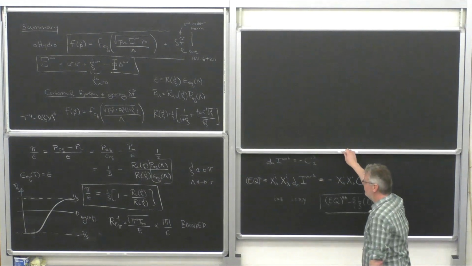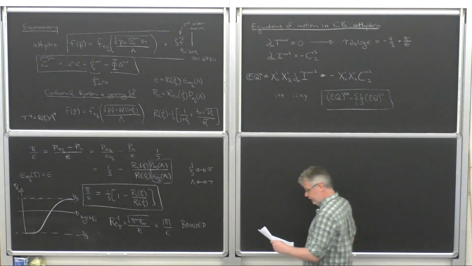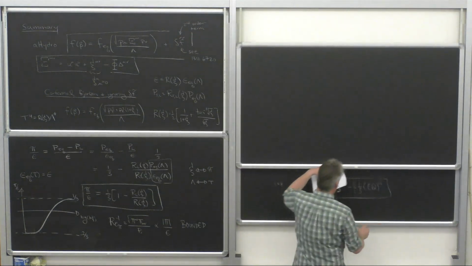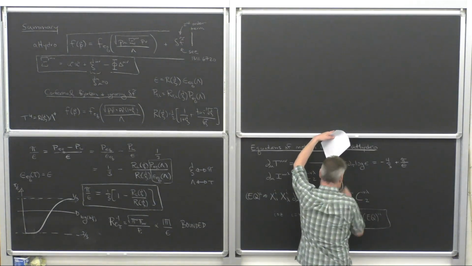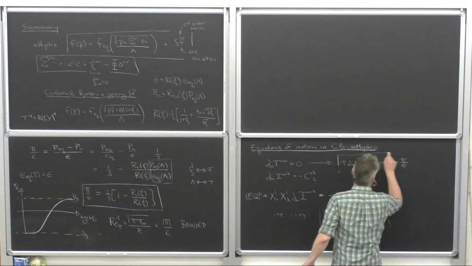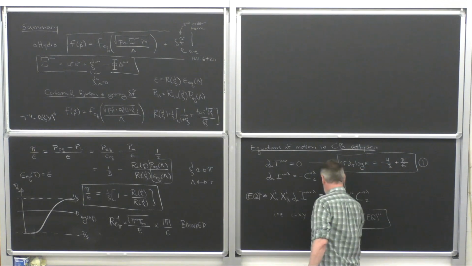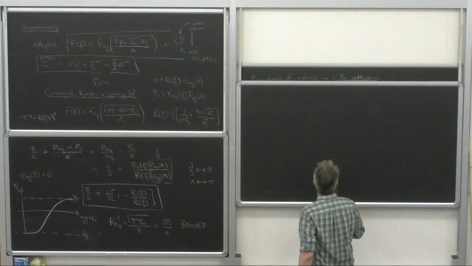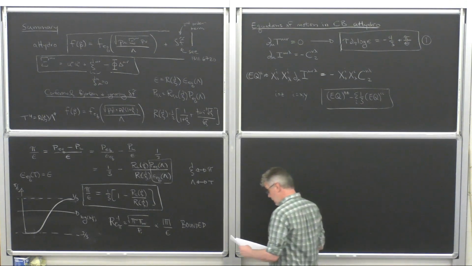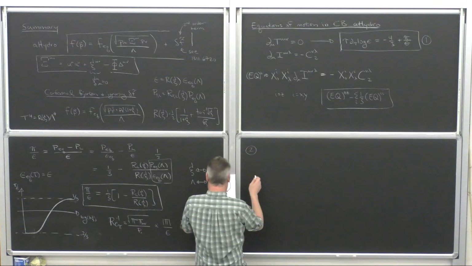You do a little bit of algebra and you land, well, I should put a number before it goes away. Oh, I broke my favorite chalk. This was equation 1. And now we get equation 2, skipping some steps.